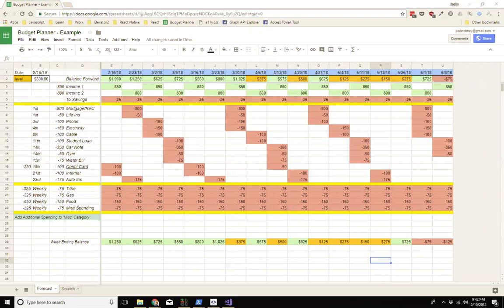We will also see these red fields starting to pop up here and here. So what's going on? Well, the red fields are the negative. That is that after income and paying our bills, we will be overdrawn. The yellow fields are our low balance indicator. This is controlled by this field right here.